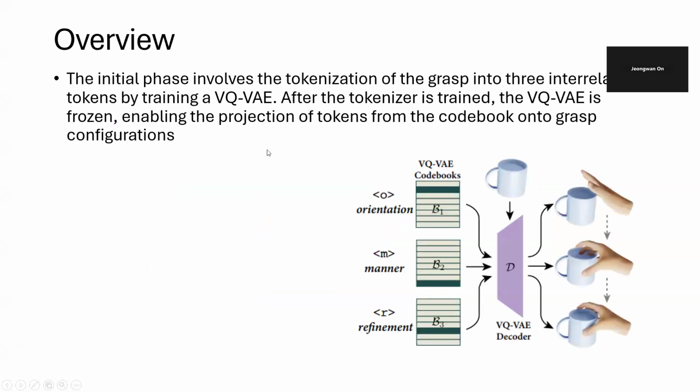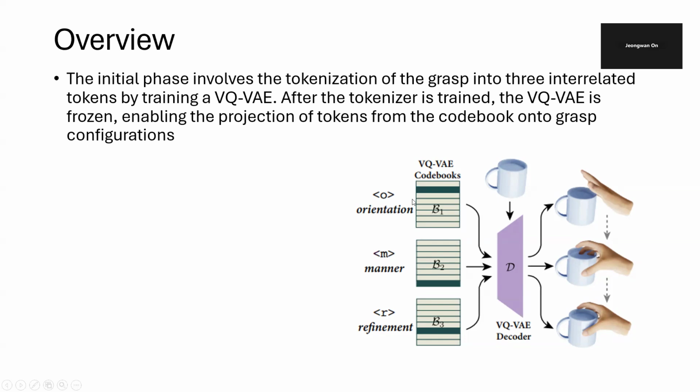And the overview. The initial phase involves the tokenization of the grasp into 3 interrelated tokens by training the VQVAE. After the tokenizer is trained, the VQVAE is frozen, enabling the projection of tokens from the codebook onto grasp configurations.